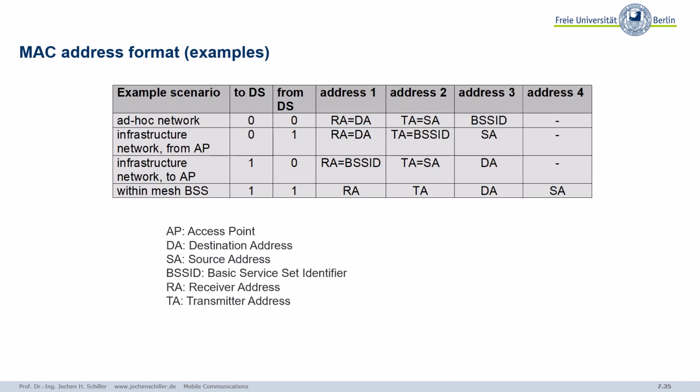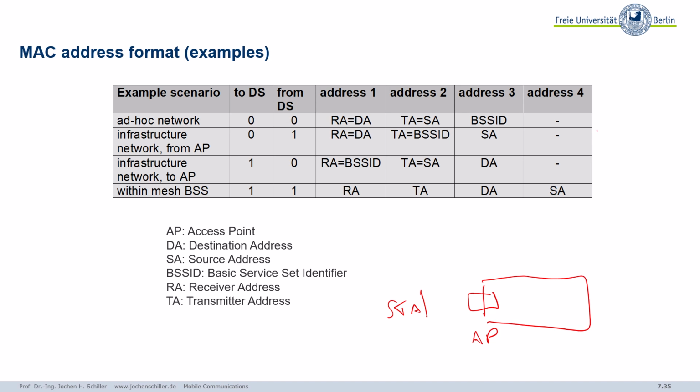Why logical and physical and whatever addresses? Well, think of a system with classical infrastructure: you have your access point, and you have your station somewhere. Then, depending on the direction, you set the bits in the packet.